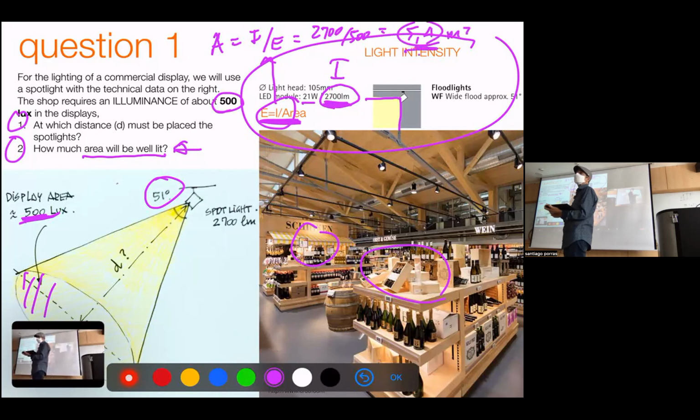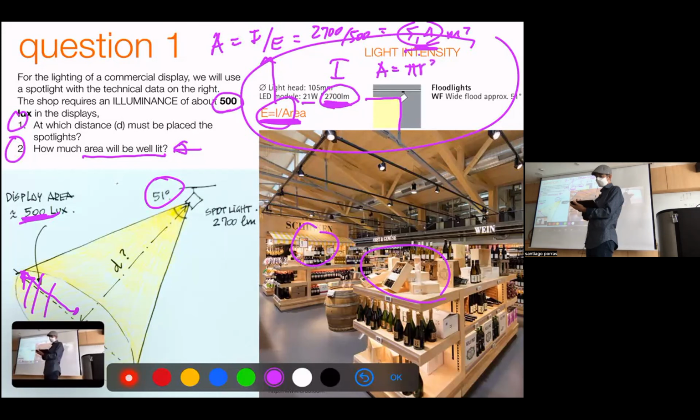So with that area, we can calculate the radius, right? We know that area is pi R squared. So R is the square root of A divided by pi. Am I right? Yes.